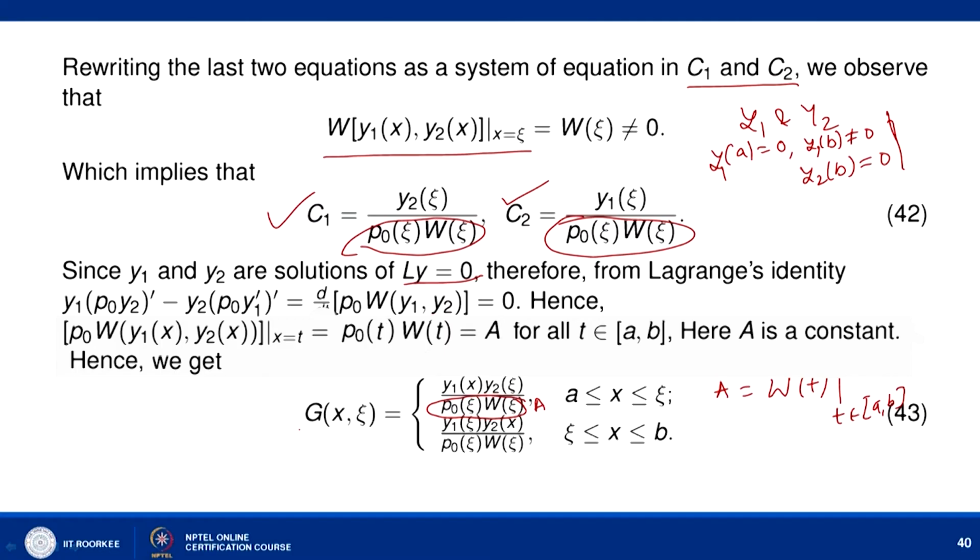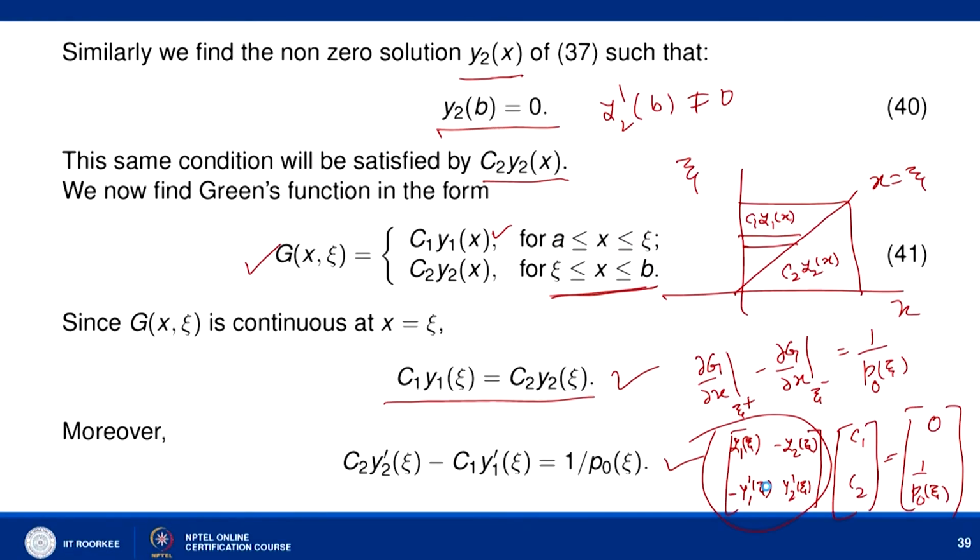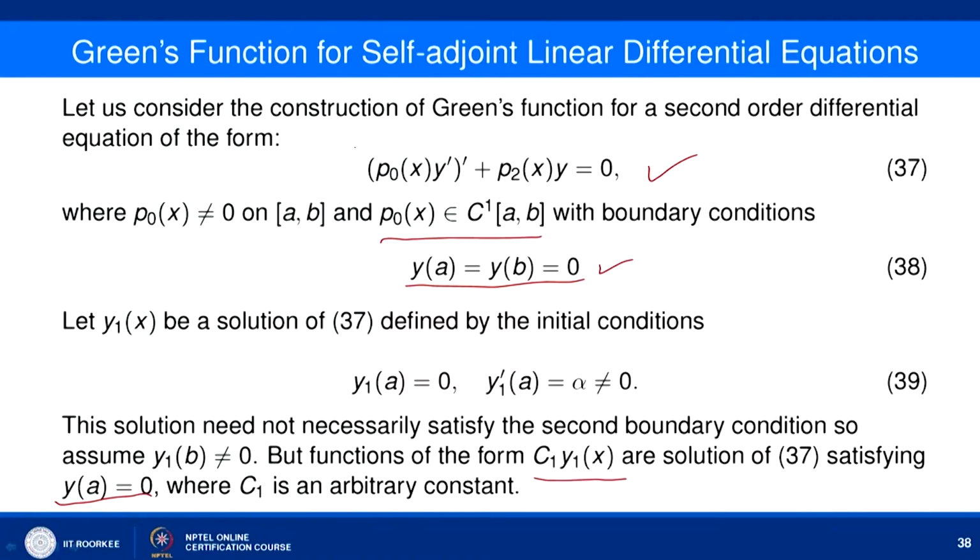It satisfies all the properties of the Green function, and moreover it satisfies one very important property: g x xi equal to g xi x. When you interchange the roles of x and xi, we have symmetry. This symmetry comes from the fact that we are considering a self-adjoint second order linear differential equation.